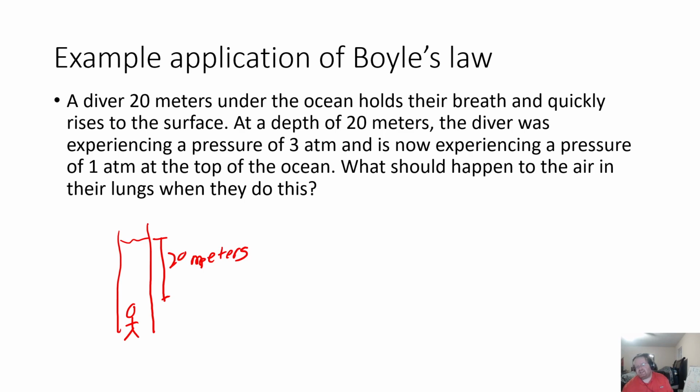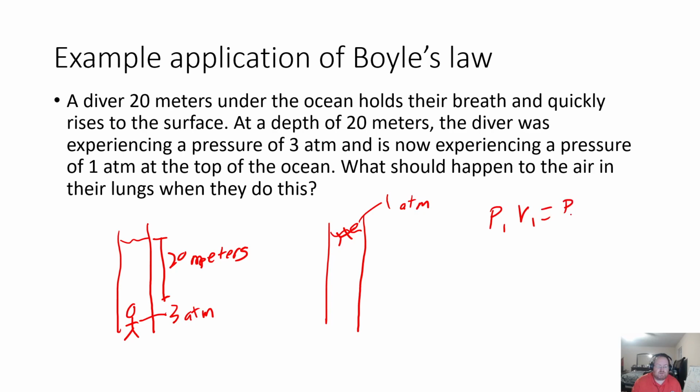And so this is the reason a diver can't just go up very quickly without causing some serious problems, because this problem would be the example of why. So 20 meters below, they're going to feel a pressure of about 3 atmospheres. And let's say they float all the way to the top really quickly, and they're not trying to do anything to help it as they go, to change the pressure, and now they're up at the top, at 1 atmosphere. So if we think about our equation, P1V1 equals P2V2, what should happen to the air inside their lungs?